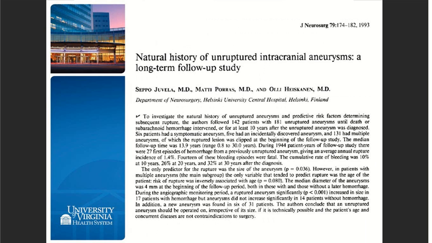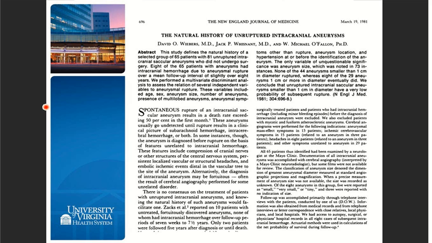Just to interject one thing here, I think this is a very important study in the evolution of the treatment of unruptured aneurysms. You have to remember that not too long before this paper was published, there were still series of patients being treated with carotid ligation for intracranial aneurysms. That was through the 1960s, and it wasn't really until that period that Dr. Yasargil and others began to describe the microsurgical treatment of aneurysms.